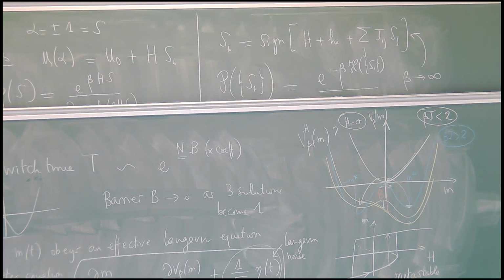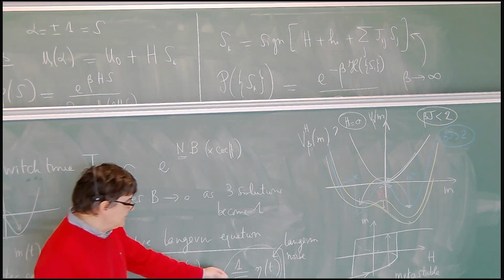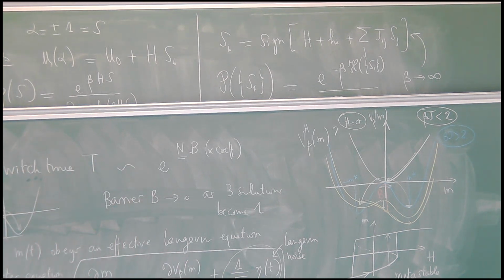So B is the height of the barrier you have to cross to go from one well to another. This barrier is actually not symmetric, because if the wells are not of the same height, the barrier to go from one to the other is not necessarily equal to the barrier to go the other way around. But you see, the idea is how much energy you need to borrow from the thermal bath in order to cross the barrier.